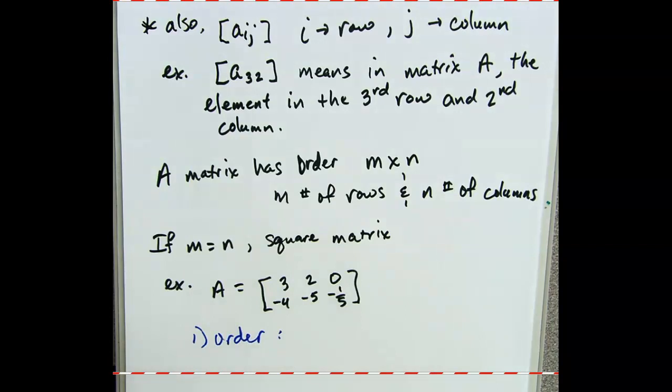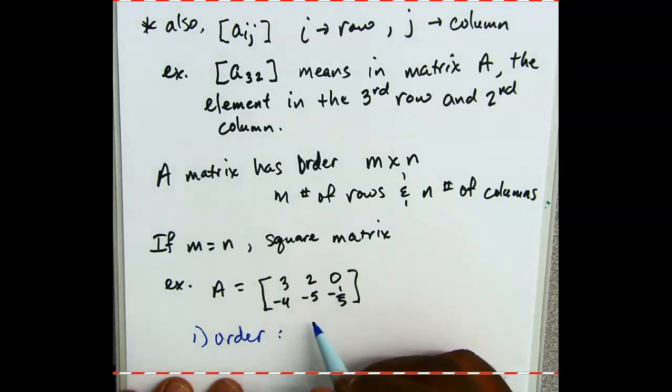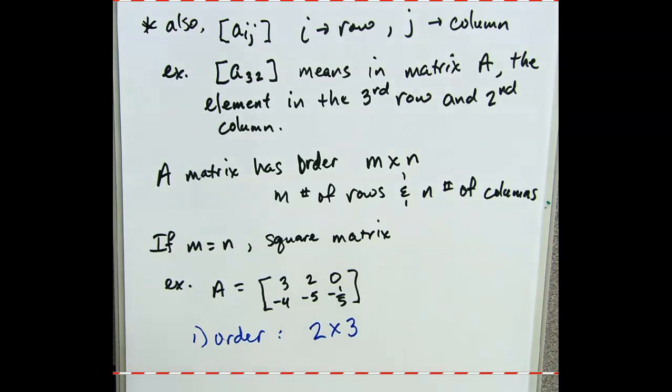How many rows does this matrix have? 2. 2 rows. And how many columns? 3. So the order of matrix A is a 2 by 3 matrix. It has 2 rows and 3 columns.